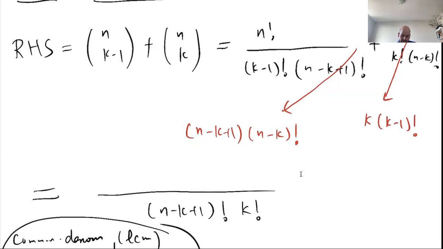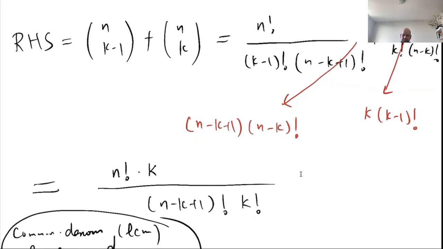Then for the first fraction, the numerator, I have to multiply it with which factor? (n minus k plus 1) factorial are the same. Here I have k factorial, here I have (k minus 1) factorial, so I have to multiply this with k, because again, k factorial means k times (k minus 1) factorial.